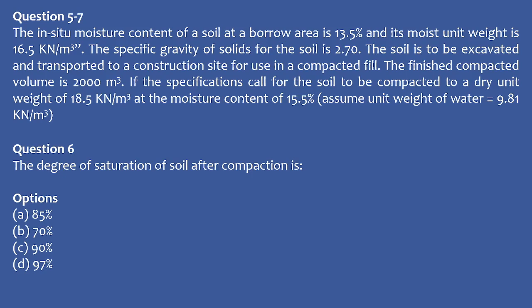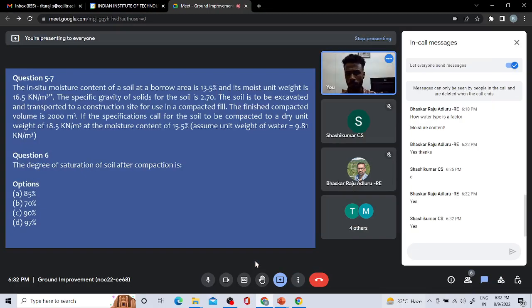So you just need to solve for the degree of saturation for the same compacted fill for which you have calculated the void ratio earlier. The void ratio earlier was 0.43, so with the help of that you can calculate the degree of saturation.